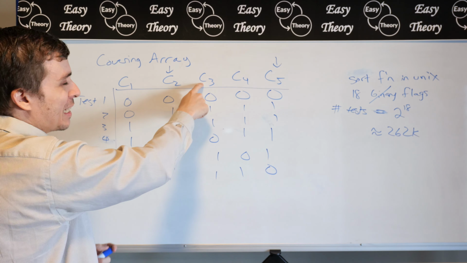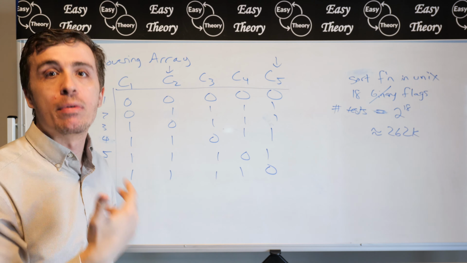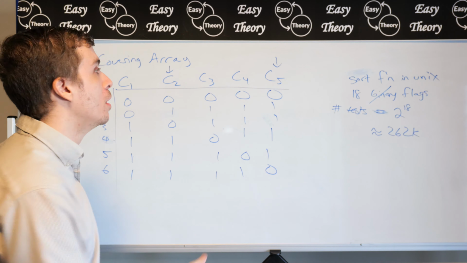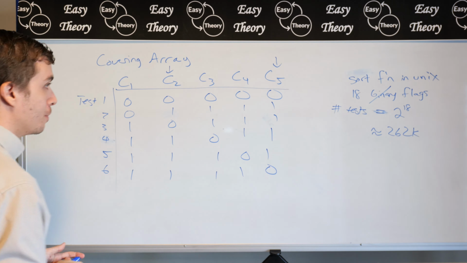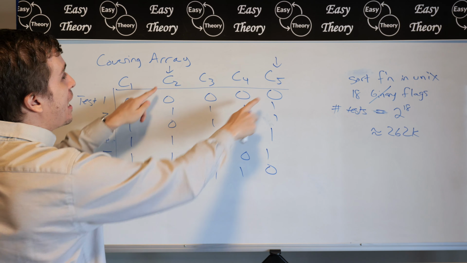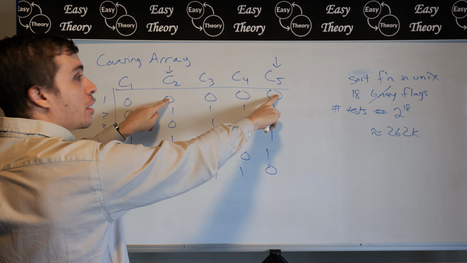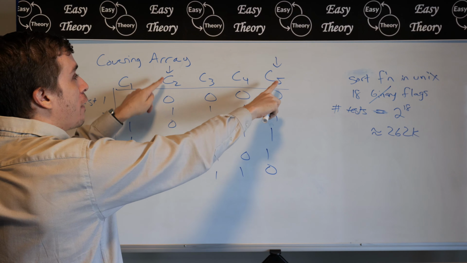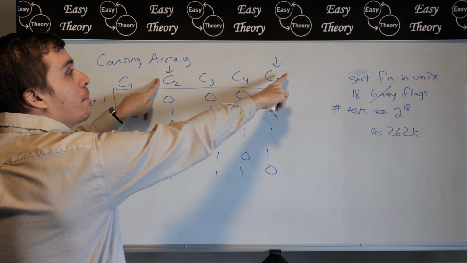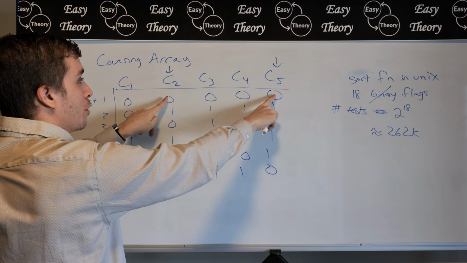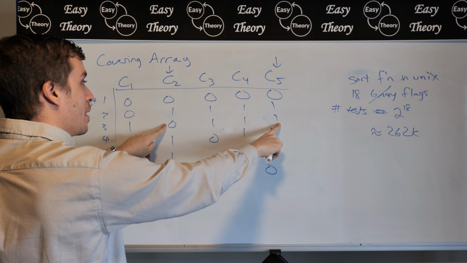If one of them, let's say C3, had 3 different things, then we would have 6, 3 times 2. But in this case, it is 2 times 2. What we need to verify is that in these 2 columns, there is a 0,0 somewhere, which is clearly right here. We need to verify that there's a 0 in the second column and 1 in the 5th one. So it's not here, and it's right here.